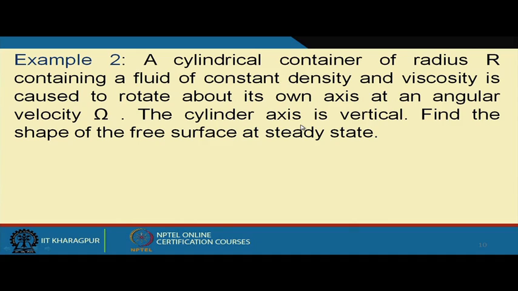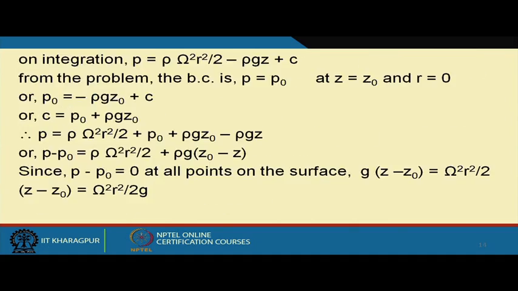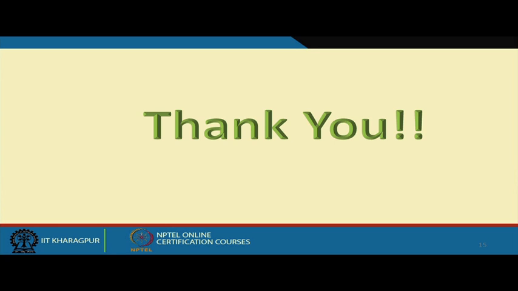By implementing all these, you can find out how the equations of motion, that is Navier-Stokes, can be utilized. Obviously, we will do some more problems, otherwise it will be really difficult to implement and understand. Okay, so that is what we do here for this class. Thank you.